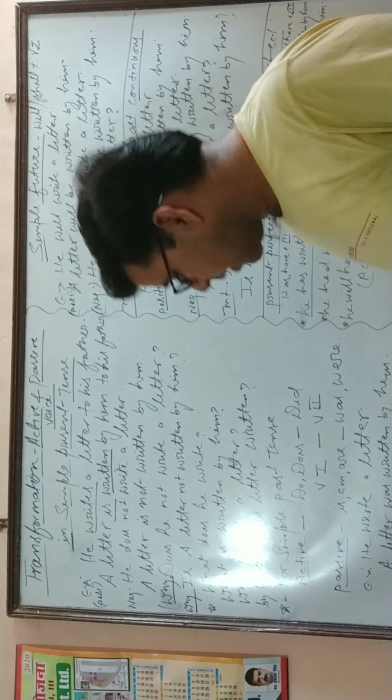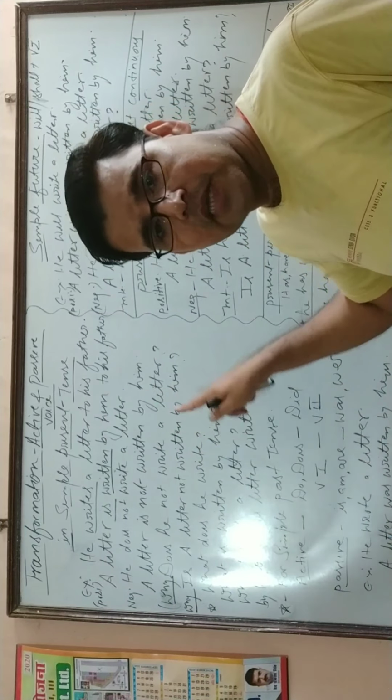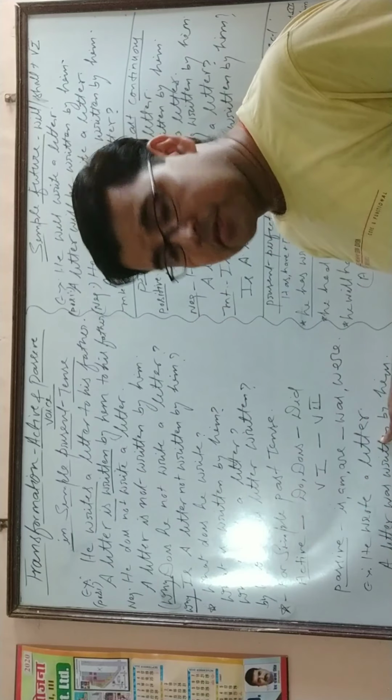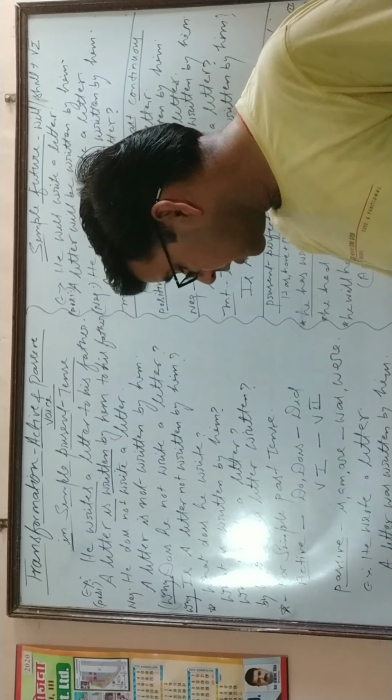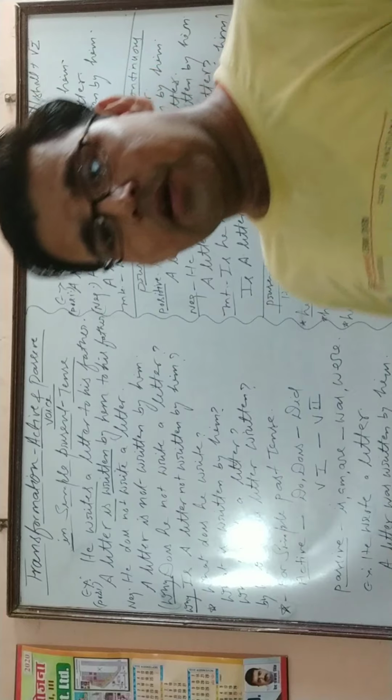Okay, so now next you see, in simple past tense, same example, same sentence I am using here. He wrote a letter. Then your passive voice is a letter was written by him. Actually, I will show you my screen closely. Now you see, look at the board.